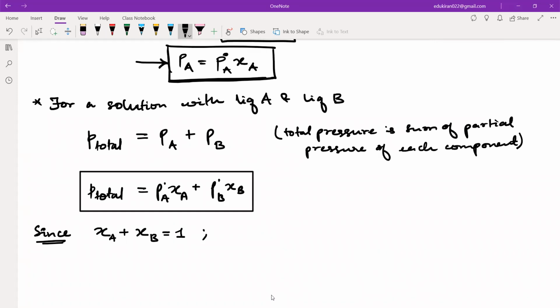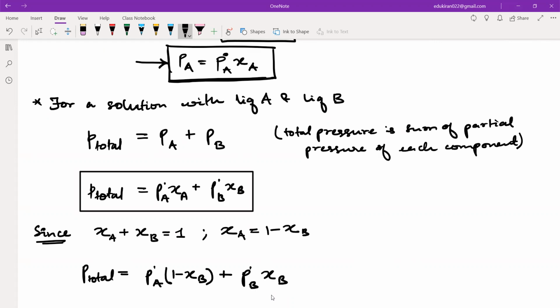So what we can write? We can write chi A is equal to 1 minus chi B, and P total will be equal to P naught A. For chi A, we will write 1 minus chi B, plus P naught B chi B.